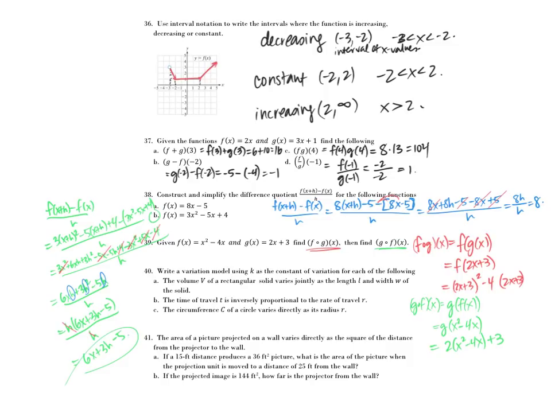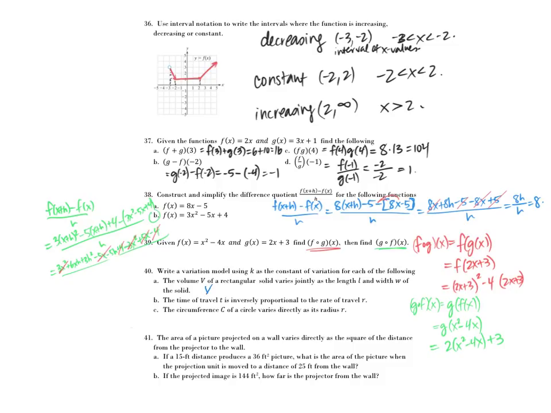Okay, number 40. It says to write a variation model using k as the constant for each of the following. Okay, so for a, it says the volume of a rectangular solid varies jointly as the length and width of the solid.